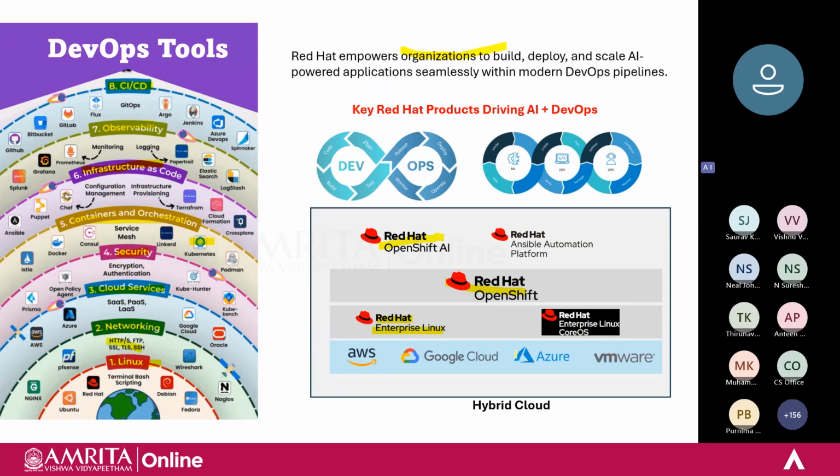So first of all, to learn DevOps, you need to be an expert in Kubernetes and OpenShift. But where exactly do OpenShift and Kubernetes run? They run on top of Red Hat Enterprise Linux. So your Red Hat Enterprise Linux will be the base for your whole DevOps and AI.